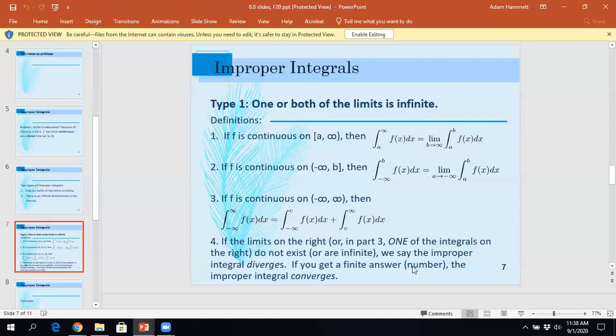It may diverge to infinity, but maybe it just diverges, like the thing does this, right? Or maybe it diverges to minus infinity. But converge means that all the limits in question exist and are finite. Do you need to say which? Not unless you're asked for it.